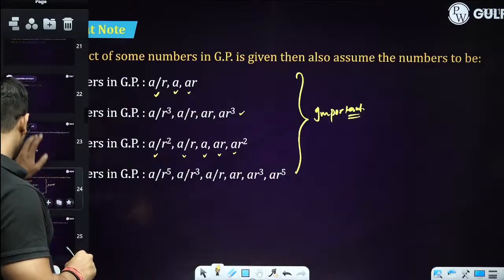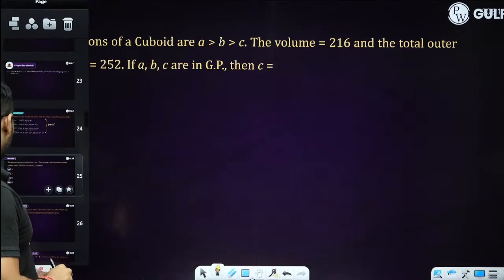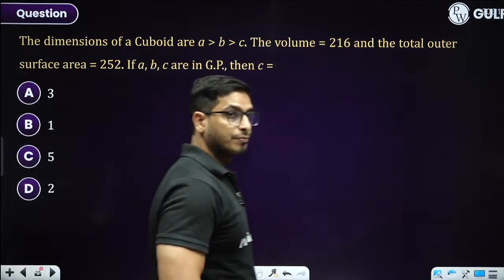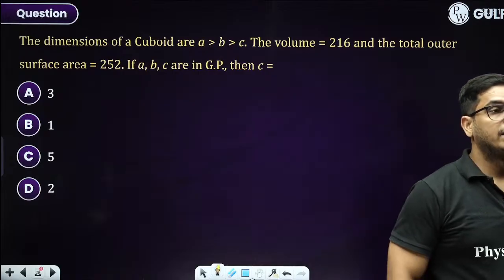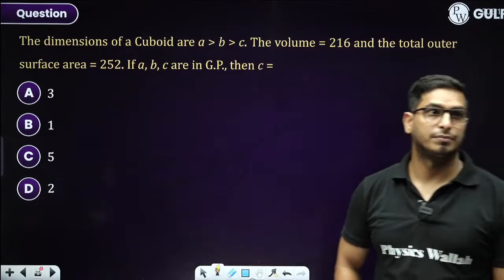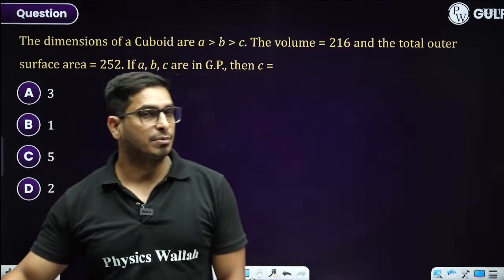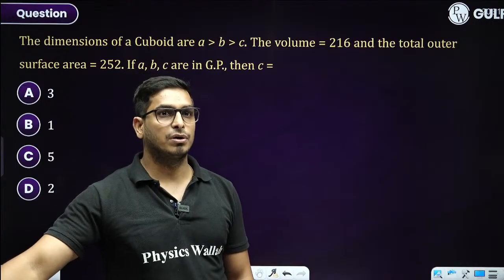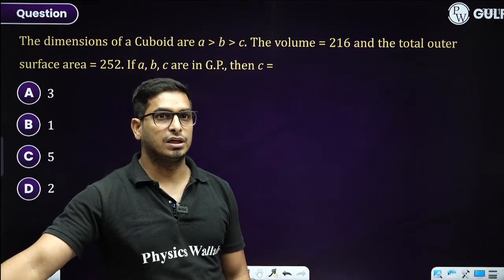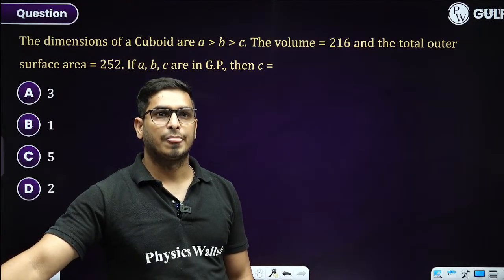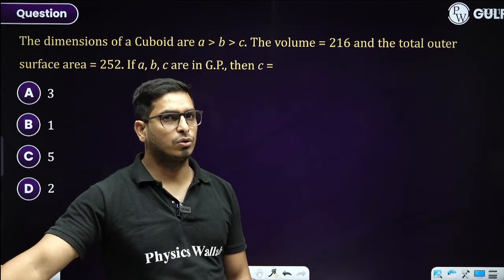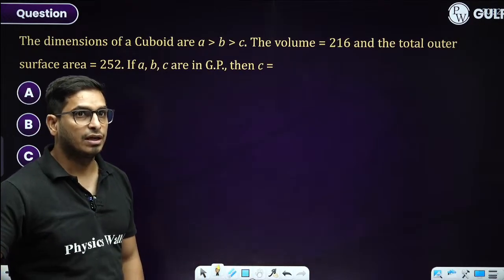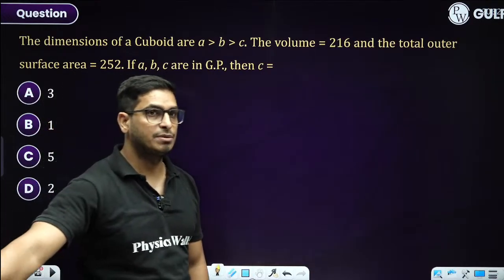Now let's have a question. The dimensions of a cuboid are A greater than B greater than C. The volume is 216, and the total outer surface area is given. A, B, C are in GP.